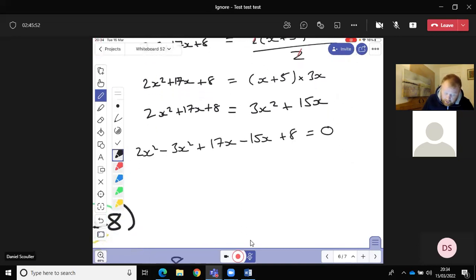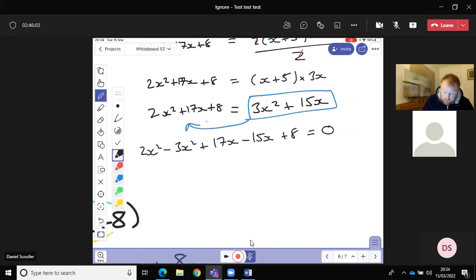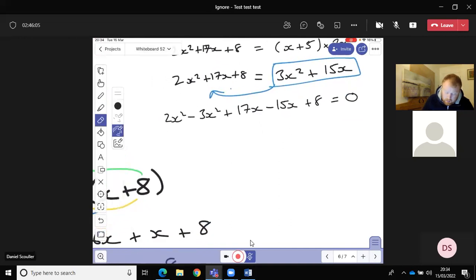I've brought everything over to this side, which just means I can collect like terms, all the x squared terms and all the x terms.